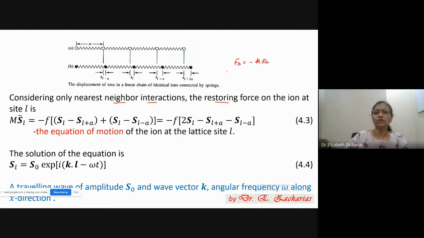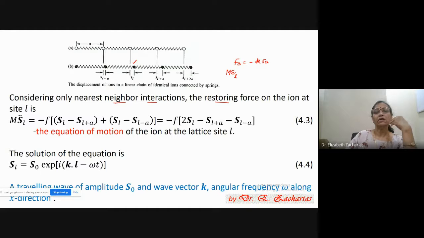The restoring force on, now we are talking about the restoring force on an ion, not the entire chain, the ion sitting at lattice site L. So look at the left hand side of this equation. This is going to be the mass of the ion, let capital M be the mass of the ion, and the displacement is S_L.